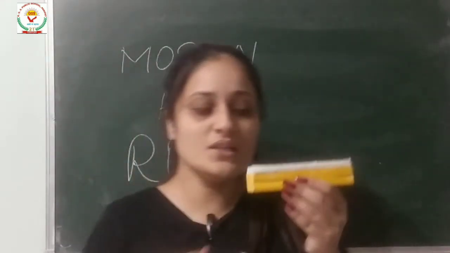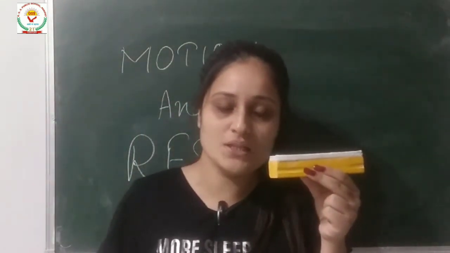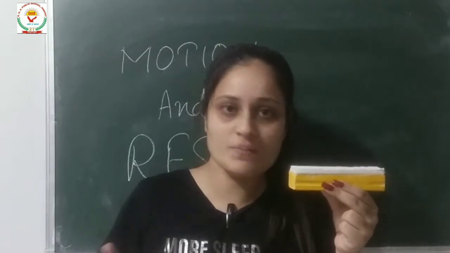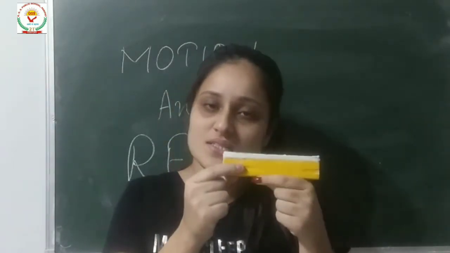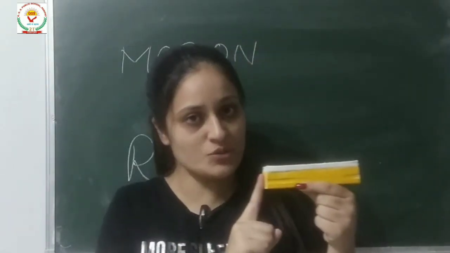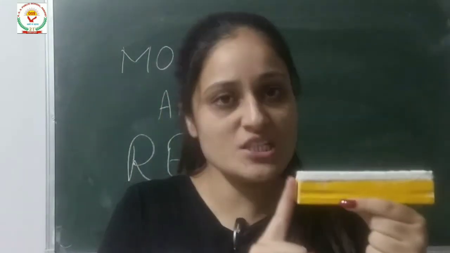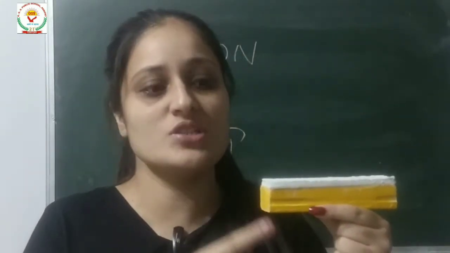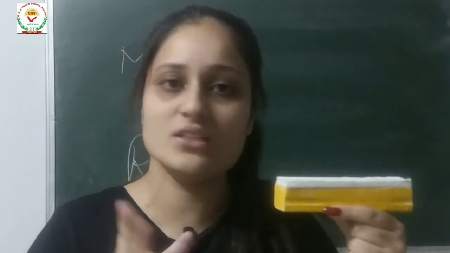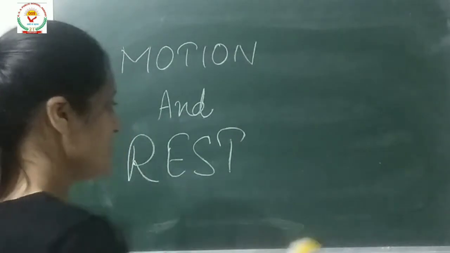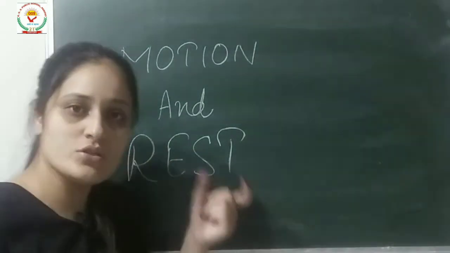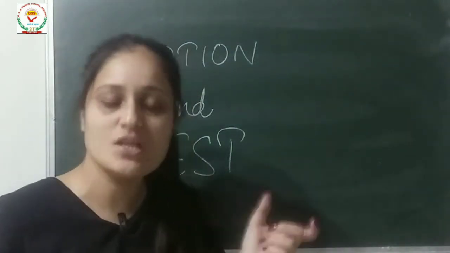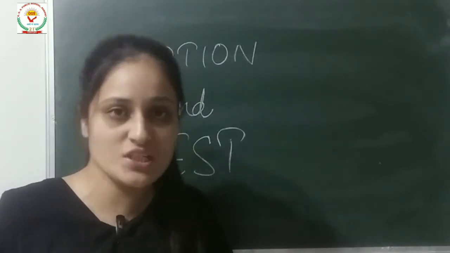Now, similarly, you can take examples from your nearby things. This duster is in rest position. How is it in rest position? It does not change its position with respect to any other object. Similarly, this blackboard is also in rest position because it is not changing its position.